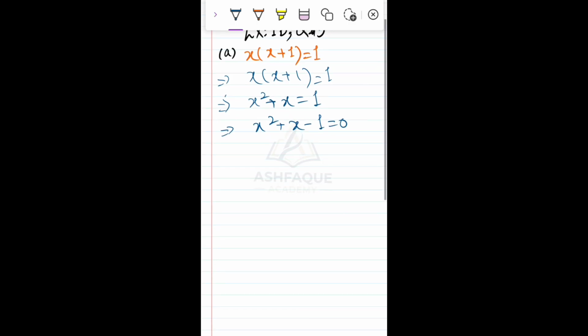So for this we have to find the discriminant, to check whether the roots of the following quadratic equation are real or not. So for this we have to use the formula of discriminant, that is b square minus 4ac. So a here is 1, b here is 1 and c here is minus 1.